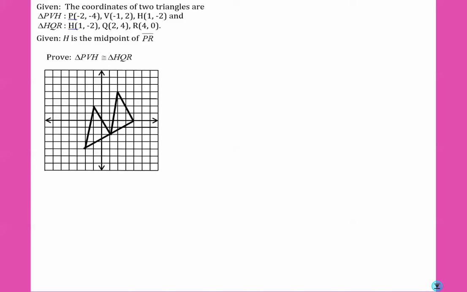So I'm going to start by using these coordinates to help me label my picture. So (-2, -4) is P, (-1, 2) is V, (1, -2) is H, (2, 4) is Q, and (4, 0) is R. Now, we also know that H is the midpoint of PR, which tells me that PH is congruent to HR.